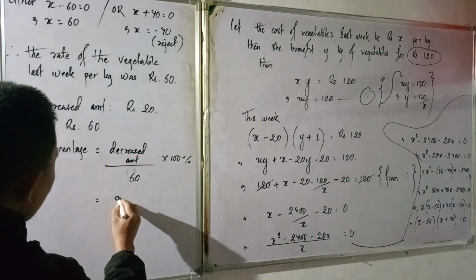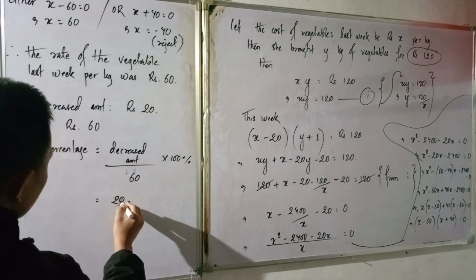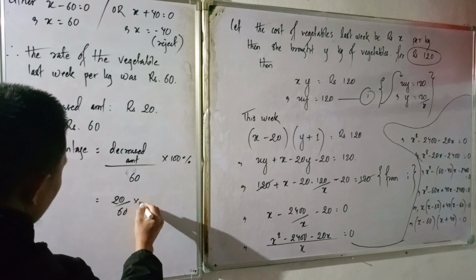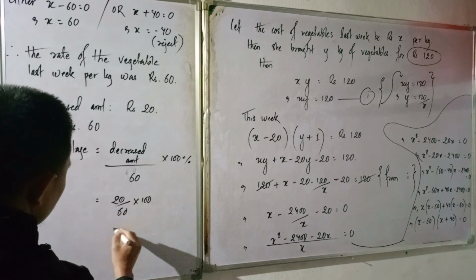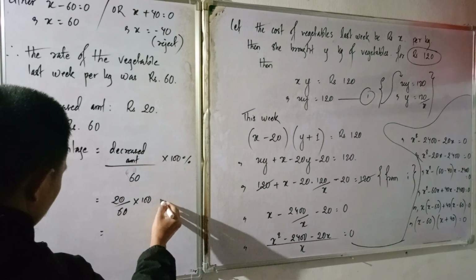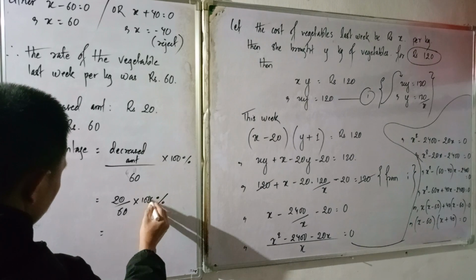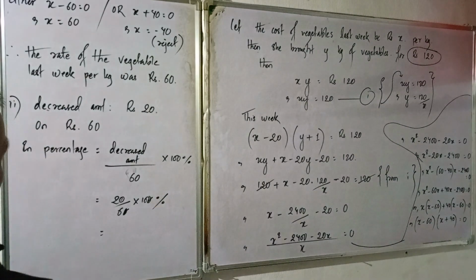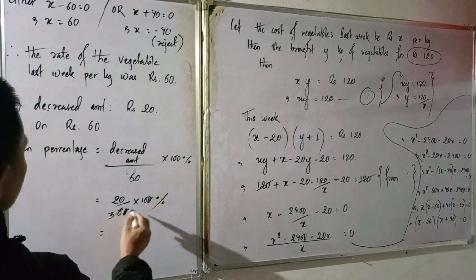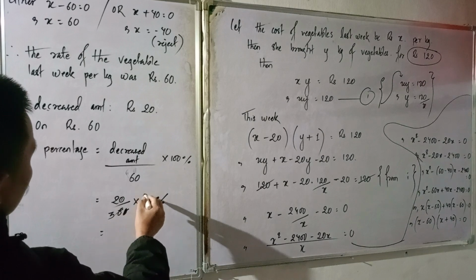Decrease amount we have 20. 20 decreased on 60. So you write here, now this becomes 0, 2 3s are 6, 2 5s are 10.